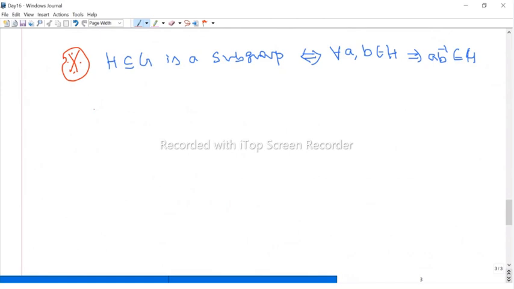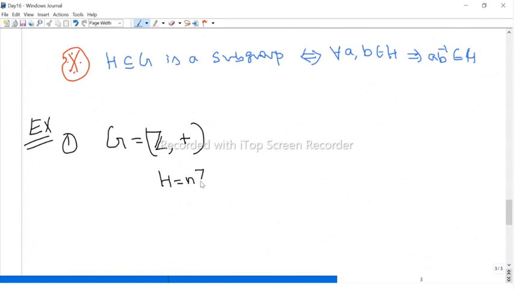So, examples of subgroups of groups. Suppose you take the first example: the group G is the set of all integers with respect to addition. Then all the subgroups are of the form H equal to nZ, all multiples of n, where n is any natural number.